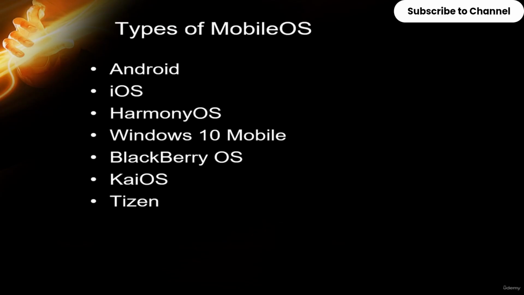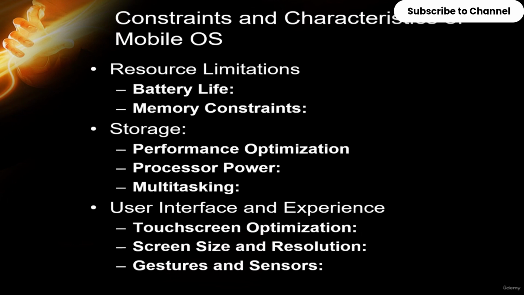Even though we saw various types of operating systems in real time, these operating systems also have various types of constraints. The constraints are listed here. We will see one by one how these constraints affect mobile operating systems. First is battery life.